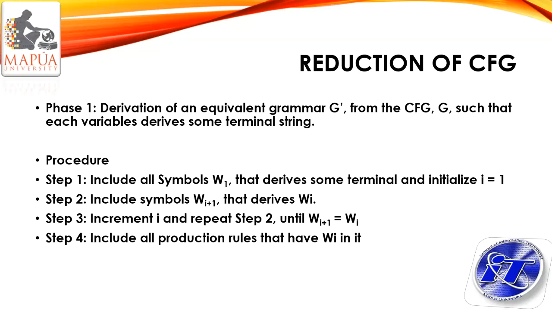Then we continue this cycle until the last W and the next W are the same. If there's no change between the previous and the current non-terminal list, we stop, and then we create the grammar based on the list of non-terminal symbols. If a symbol is not included in the list, you can remove it from the grammar. An example will be discussed later.